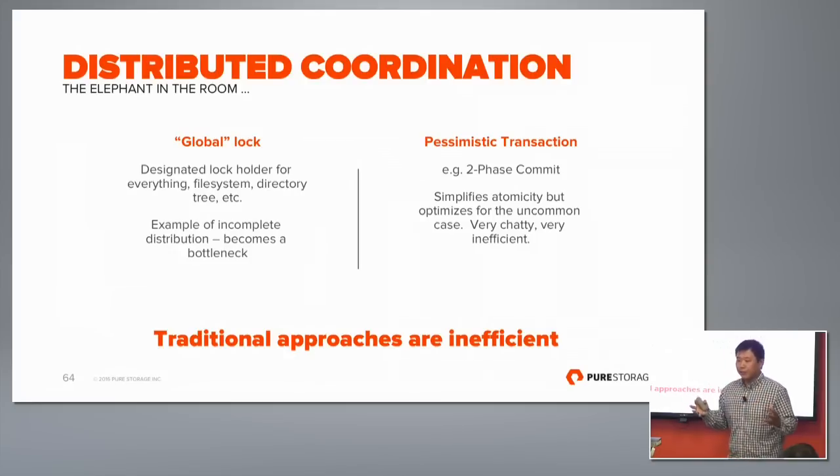And this is really the elephant in the room. This is the hard problem that we wanted to address. If we look at traditional approaches to addressing this problem, there are many different approaches. At a high level, I think they all boil down to two large categories. One is what I refer to as the global lock.